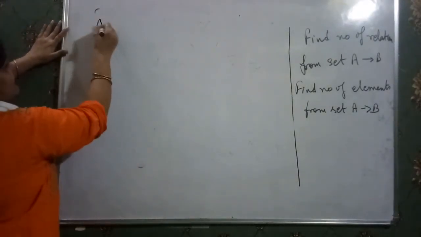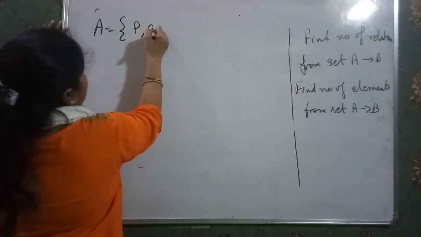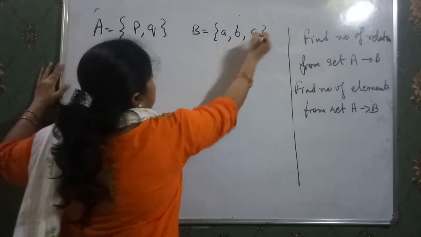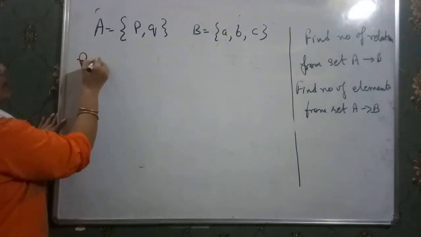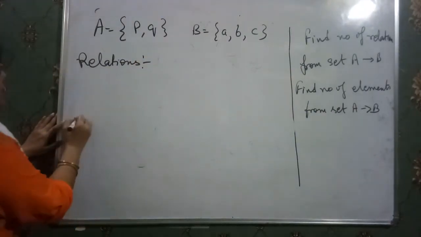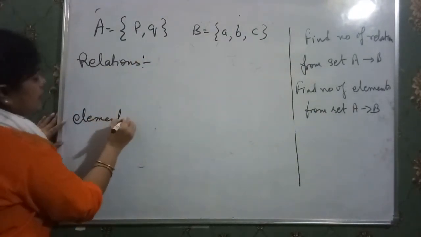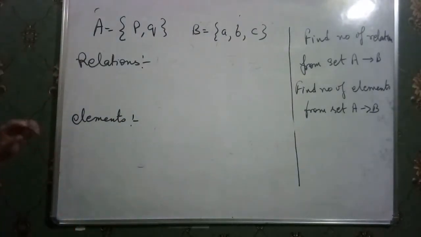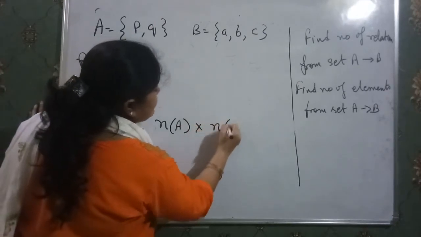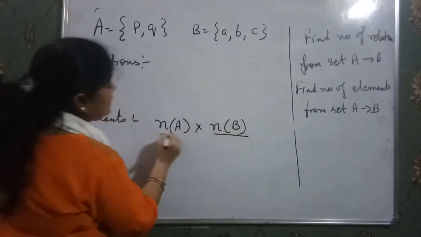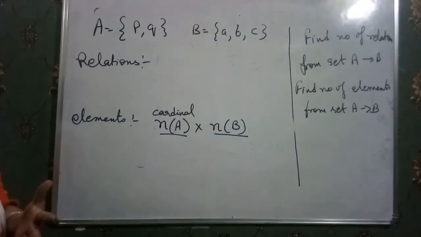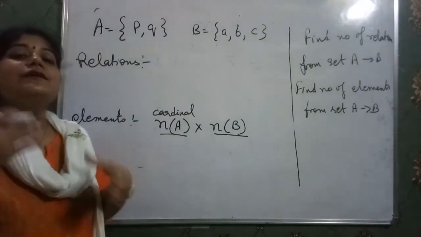For example, set A has {p, q}, set B has {a, b, c}. Okay. Now how will you find the number of elements and the number of relations? You just multiply the cardinal number of A into the cardinal number of B. This is the cardinal number. Cardinal number means the number of elements present in the set.